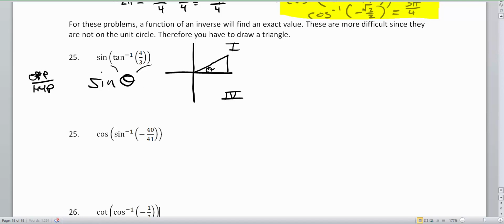So let's get started. Tangent, according to SOHCAHTOA, is opposite over adjacent in relationship to theta created with a right angle from a reference angle in the first quadrant. We don't know how big the triangle is, but we do know its orientation. So this would be opposite over adjacent in relationship to theta. Now we're going to use our Pythagorean theorem.